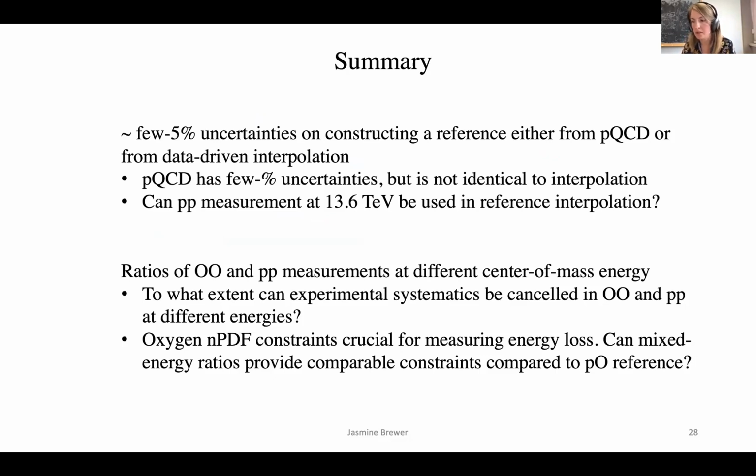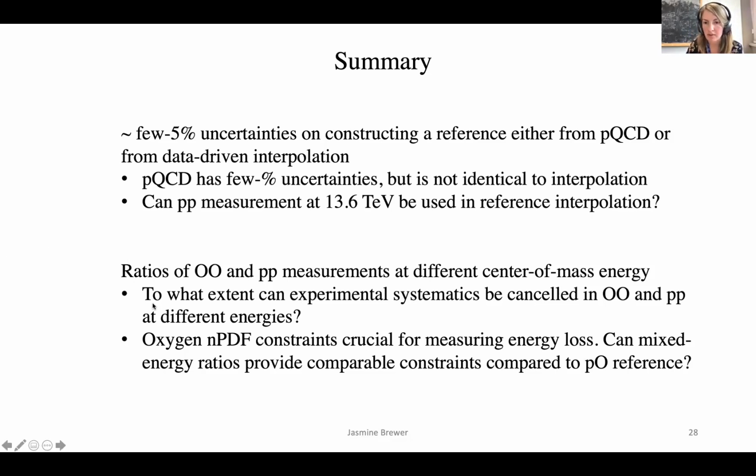And also Carlota and others brought up the important point of the fragmentation functions for the hadrons that you may not actually fully trust, especially pQCD for hadrons in this regime.